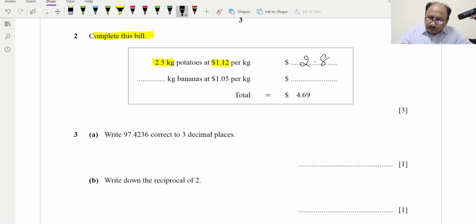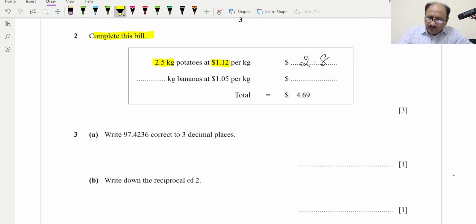And then we have to fill for the second item, but we don't know the amount. We don't know the mass, basically how many kilograms bananas are, and the amount also we don't know. So what we will do, we will utilize this total amount to find the amount paid for bananas.